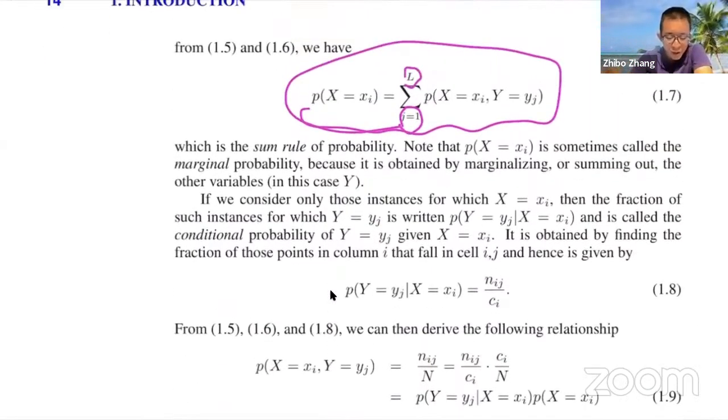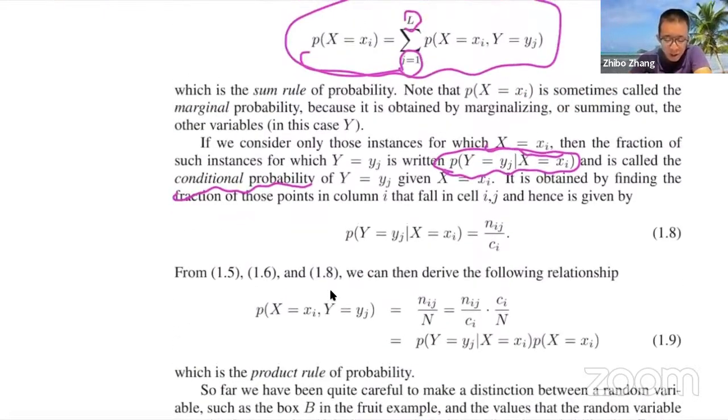If we consider only those instances for which capital X is equal to small xi, then the fraction of such instances for which y equals yj is written as the conditional probability or conditional density. So given the case that x equals xi, what is the probability that y equals yj? This is a conditional probability.